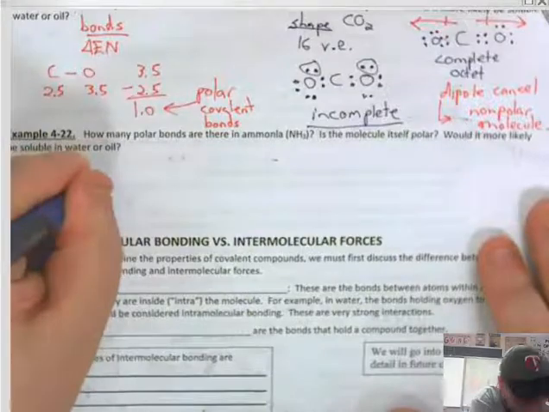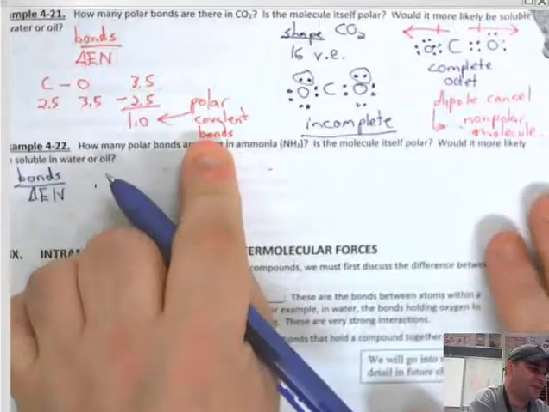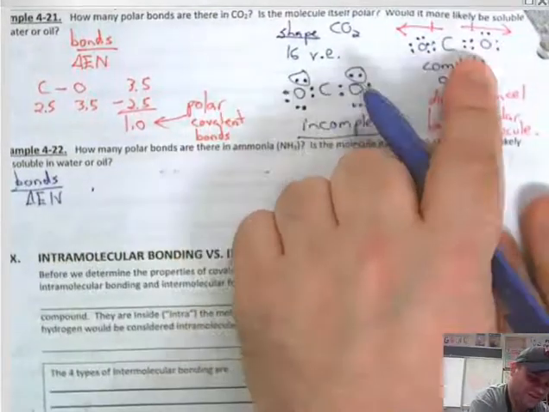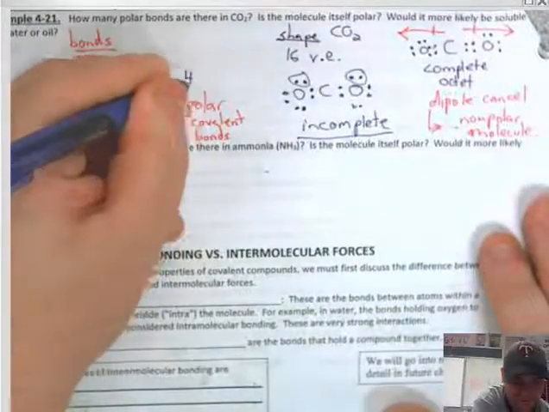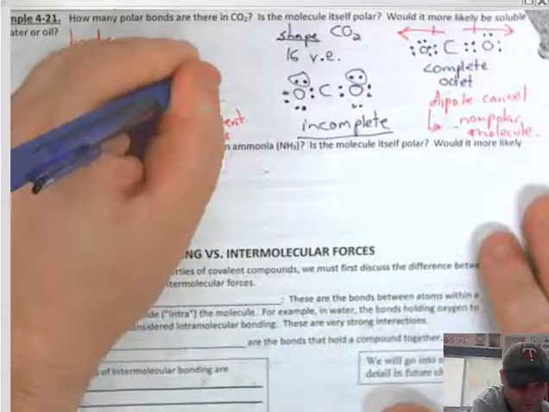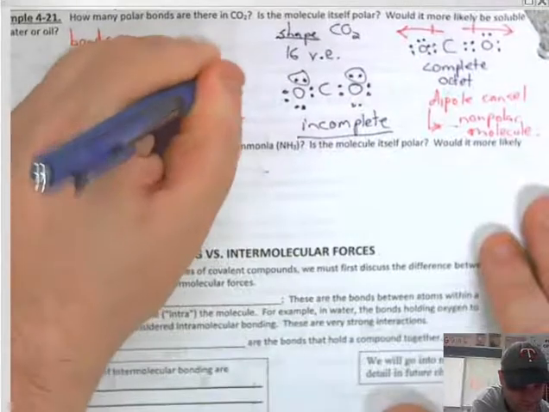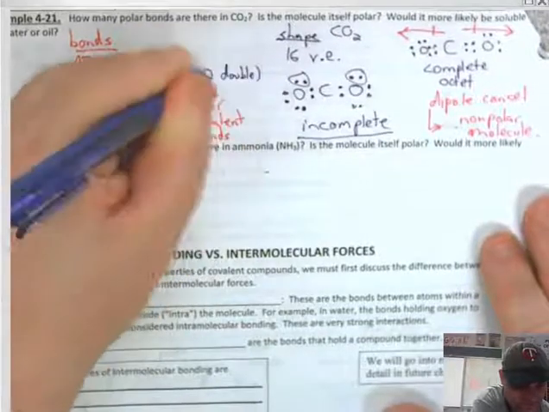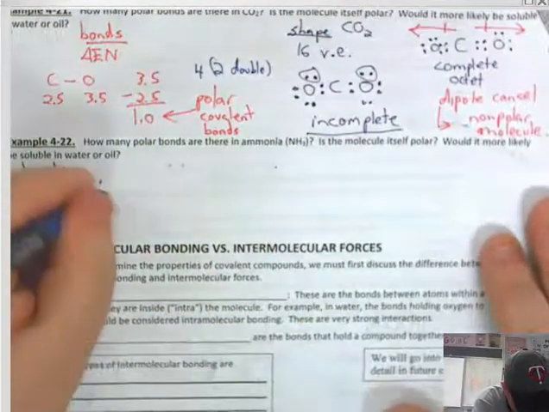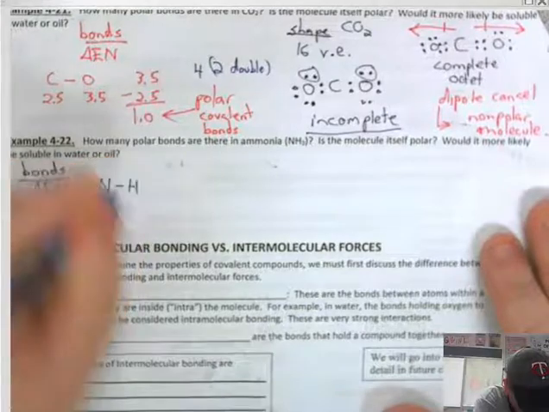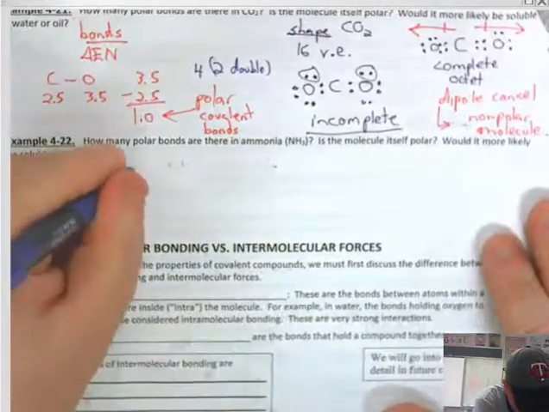So we're doing, oh, I forgot to go back and do the number of bonds here. Okay. You can count this as 2 double bonds, but I'm just going to count it as 4 polar covalent bonds, which are 2 double bonds. Either way. Okay. So we're going to do a nitrogen and a hydrogen here. So this is a 2.1 here.